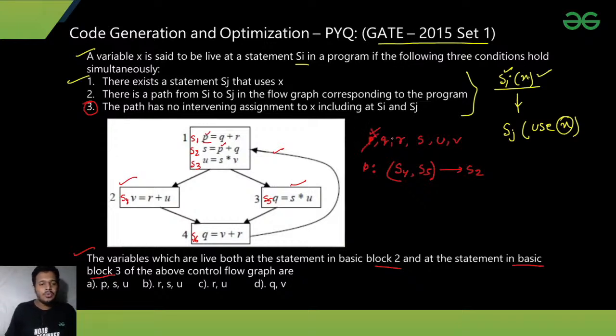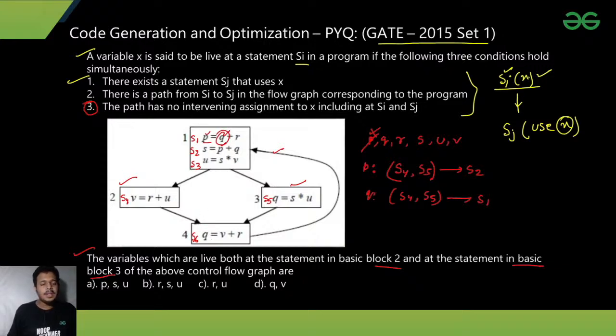Now let's check Q. If the Q variable is live here, then there is some path from S4 and S5 going to S1 itself, where the variable Q is being used.